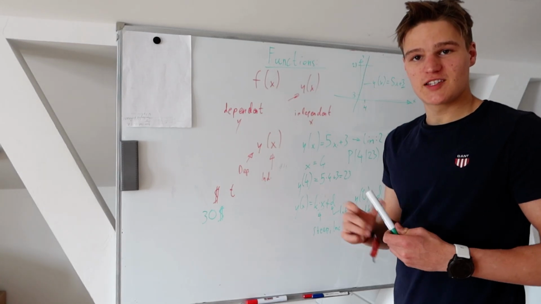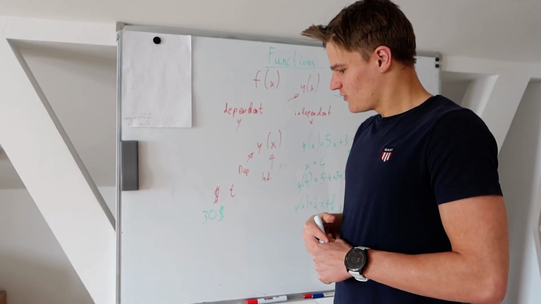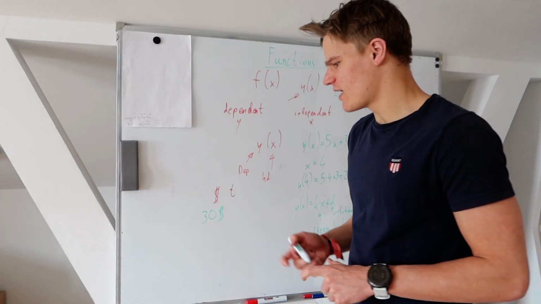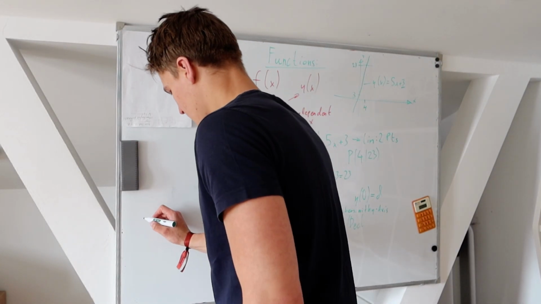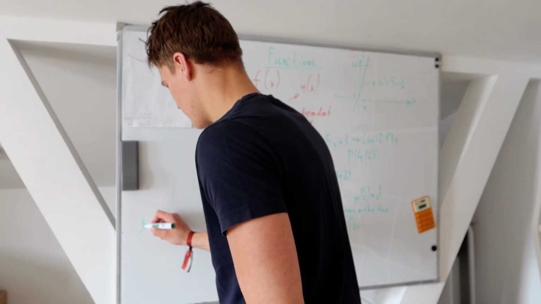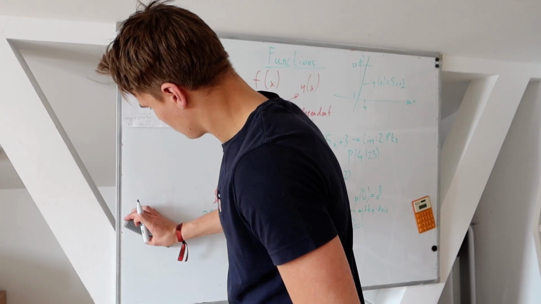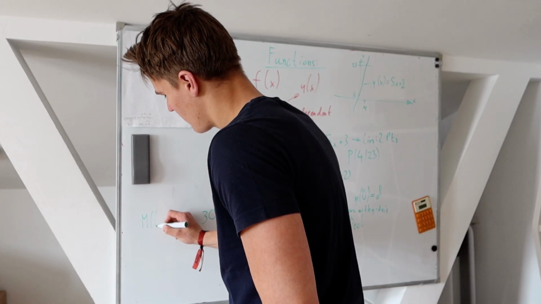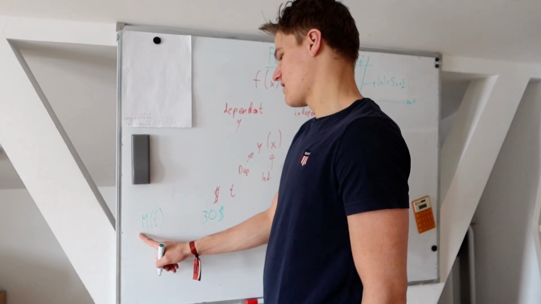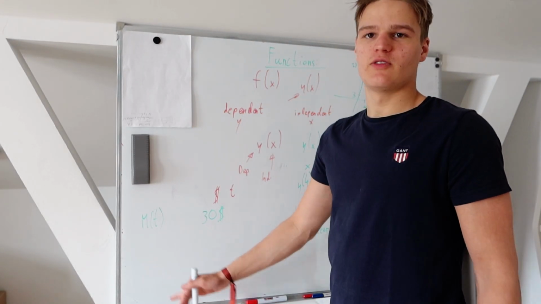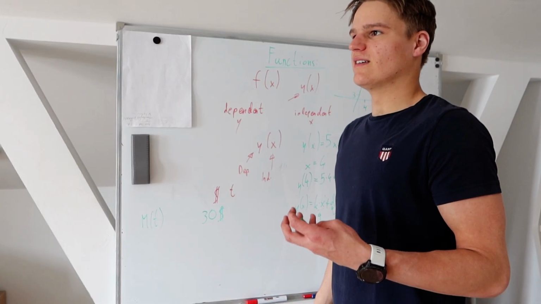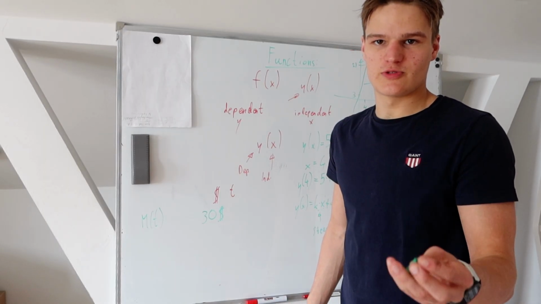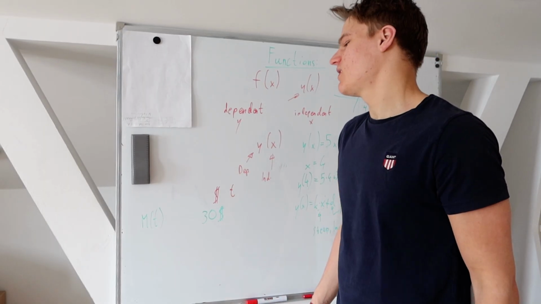Great. Now let's get back to the example that I had before. You have m for money, and it is actually dependent on the time, because the more time that goes by, the more money you have, you know?